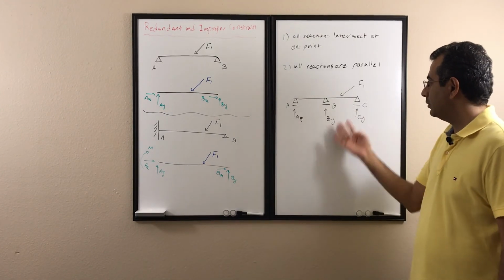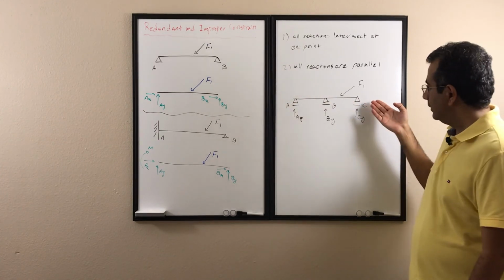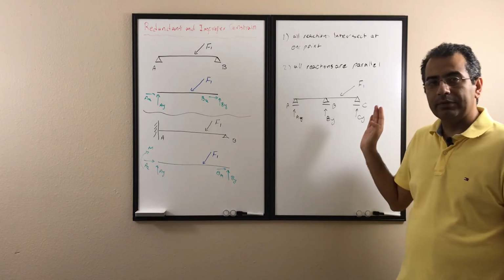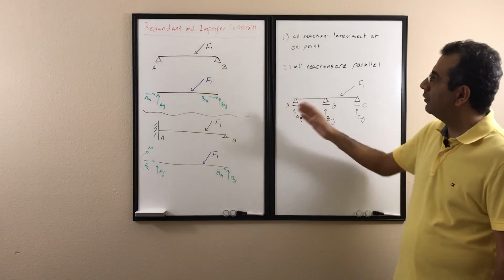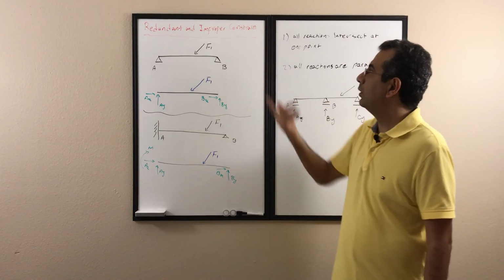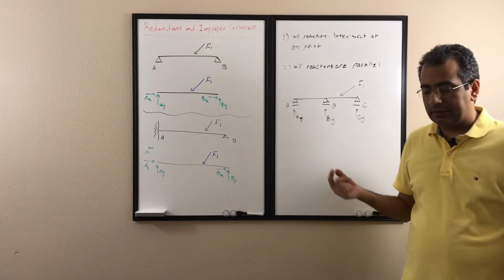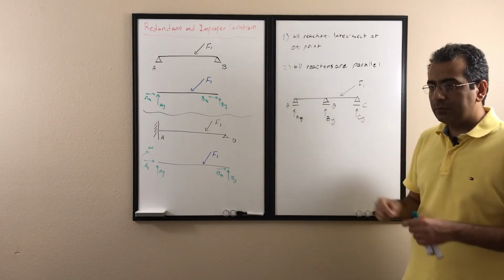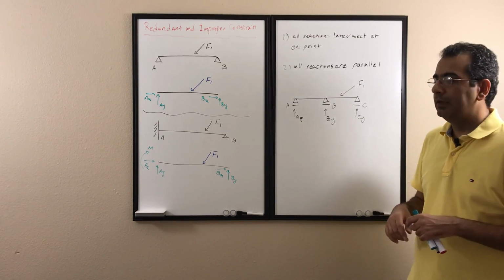All the reactions are parallel, so it doesn't prevent it from moving in the x direction. There's nothing to hold that beam from moving left or right. So if all the reactions are parallel, we don't have enough reactions, so it's an improper constraint. If all the reactions intersect at one point, again we don't have enough constraint, and it's an improper constraint.